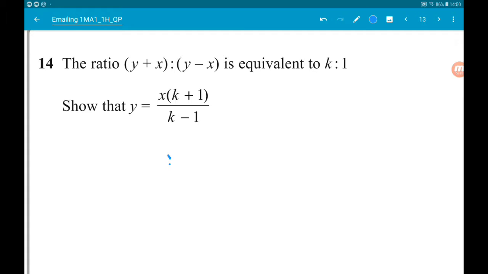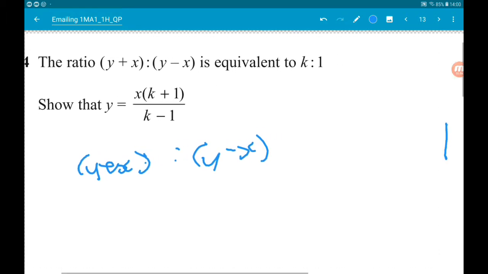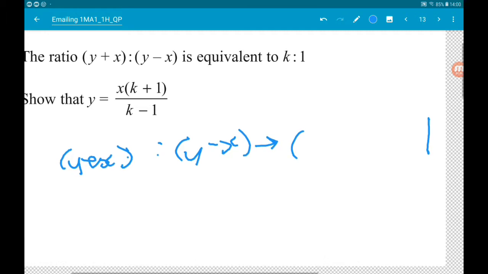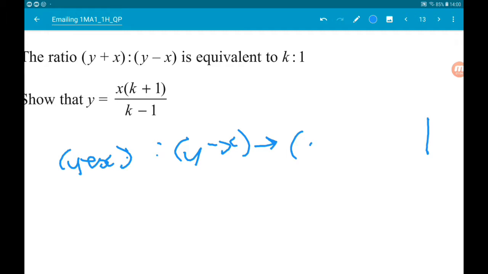So if we have y add x to y minus x, to get the 1 on the right, we divide both sides by y minus x. So we get y add x over y minus x to 1.